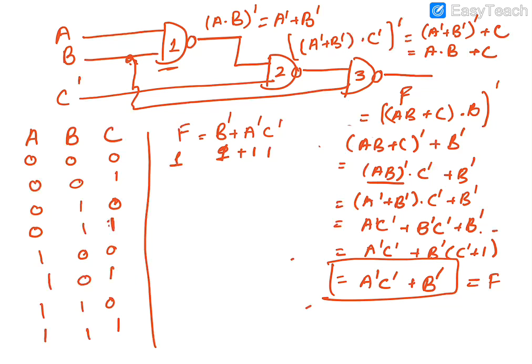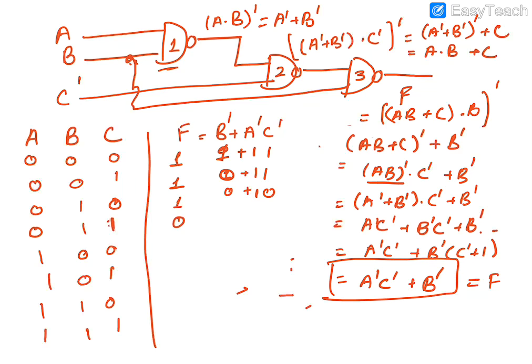Similarly, for 0 0 1, B prime is 1, and anything ORed with B prime will be equal to 1. For 0 1 0, B prime is 0, and we have A prime 1, C prime 1, so we have output equal to 1. Again, for 0 1 1, B prime is 0, A prime is 1, and C prime is 0.